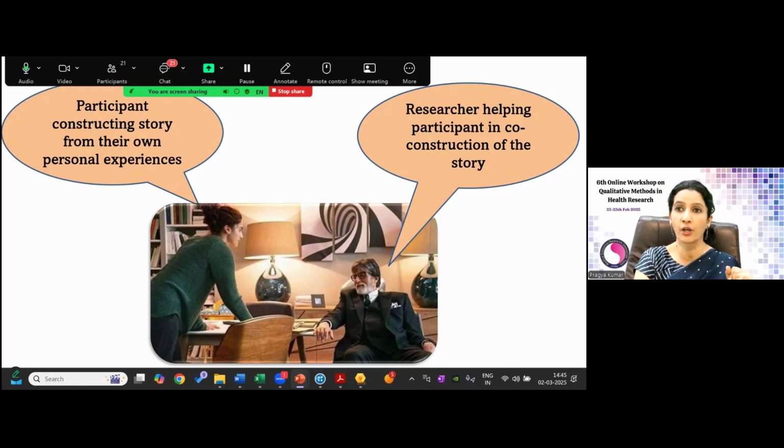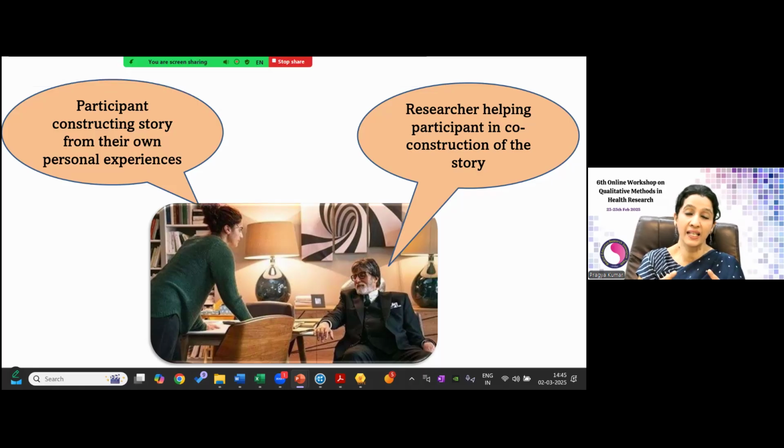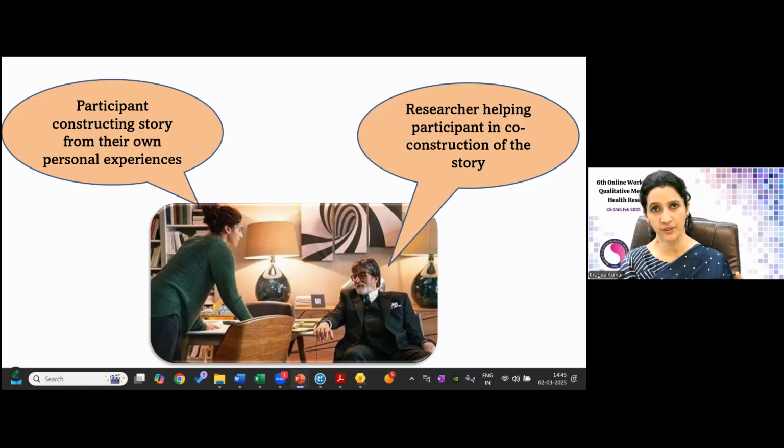So through that co-construction of the story, where Amitabh Bachchan was acting as a helper, co-constructing the story, this was a narrative analysis. Tapsi was giving the narration, he was asking, and together they co-constructed the story, and at the end she accepted that yes, she killed his son.